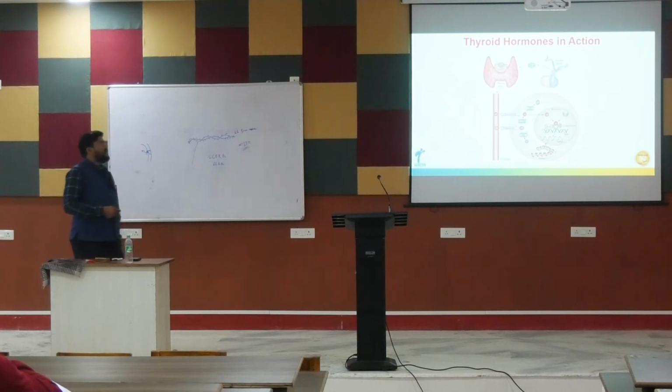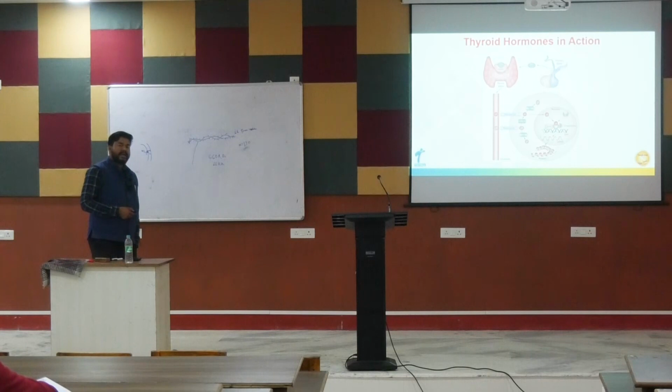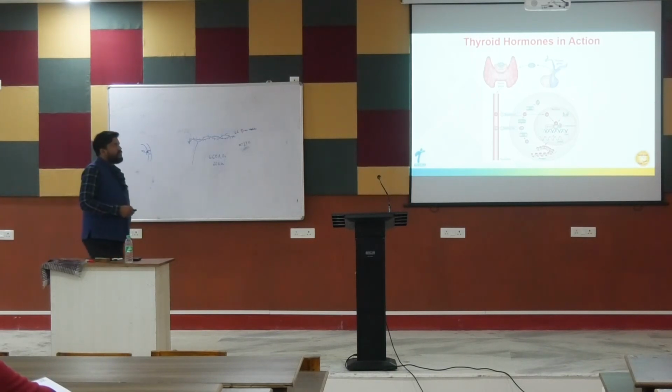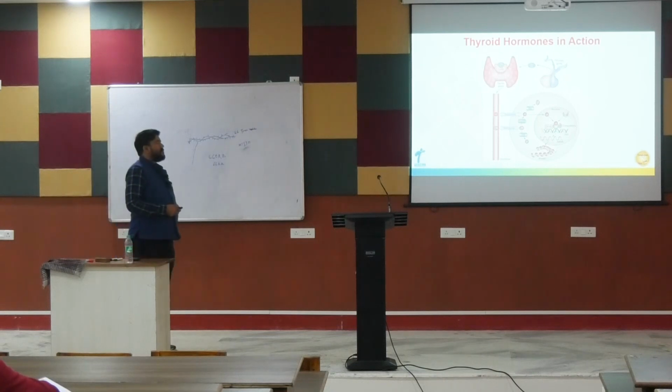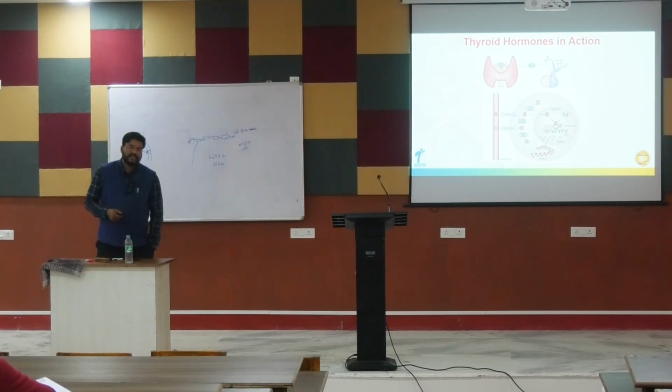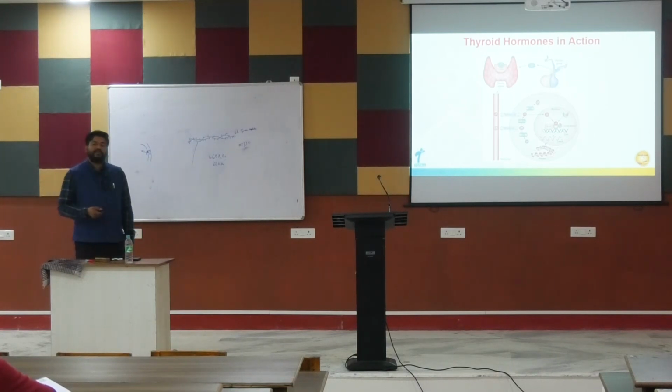Normally there is one axis called the hypothalamo-pituitary thyroid axis. So normally the hypothalamus releases thyrotropin releasing hormone, TRH, which acts on the pituitary gland to form TSH, thyroid stimulating hormone, from the anterior pituitary or adenohypophysis.